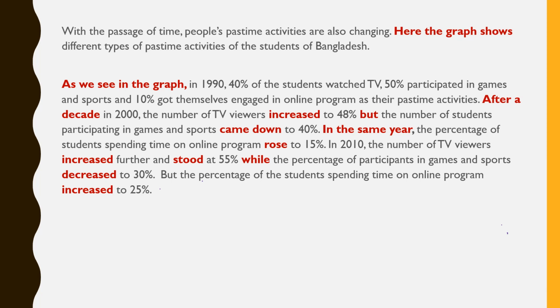In 2010, the number of TV viewers increased further and stood at 55%, while the percentage of participants in games and sports decreased to 30%. But the percentage of students spending time on online programs increased to 25%. In the second para, we can clearly see the upward trend and the downward trend. The upward trend is described as increased or rose, and the downward trend is described as came down or decreased.